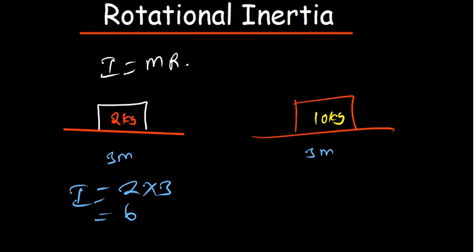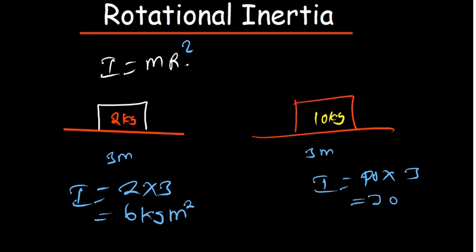Since it is supposed to be mass times r squared, that is the general formula for inertia, the unit is kg meter squared. Then here the inertia is 10 times 3, which is 30.